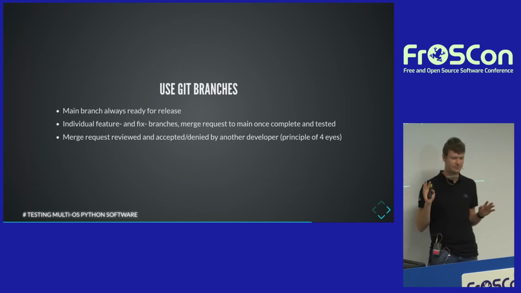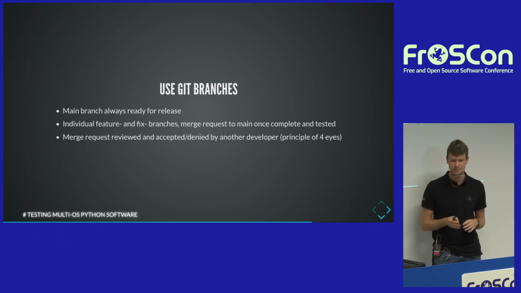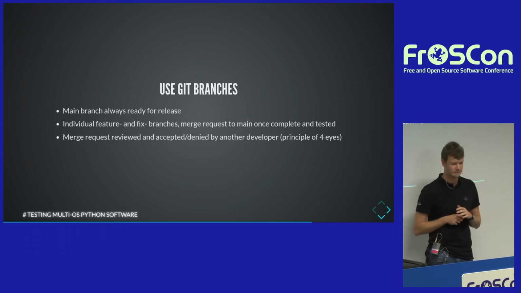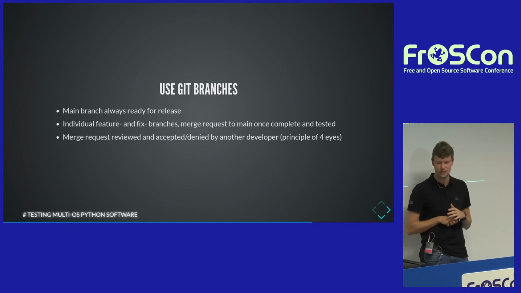Only after it is finished, it works, and all the tests pass, you open a merge request to unify these states and create the new main branch. This way you can have your main branch always ready for release.